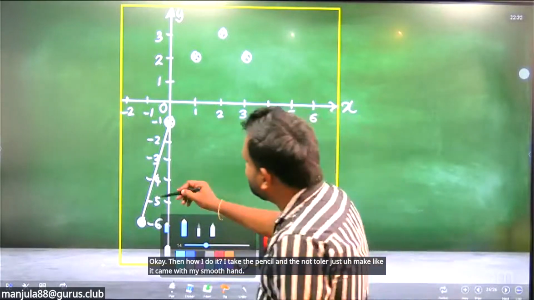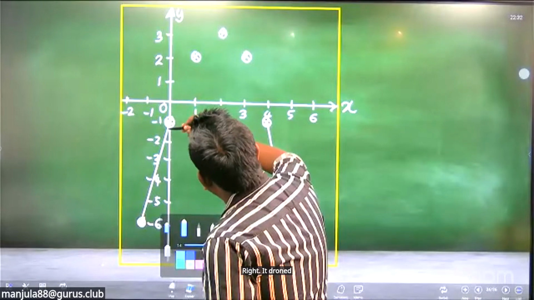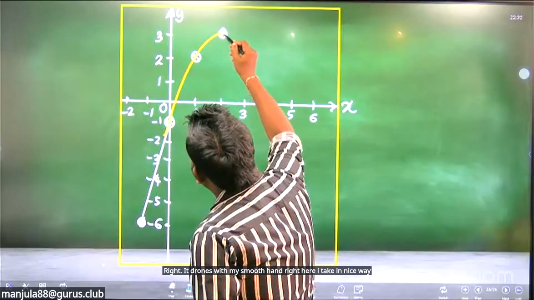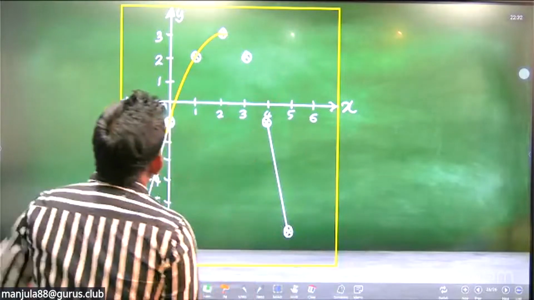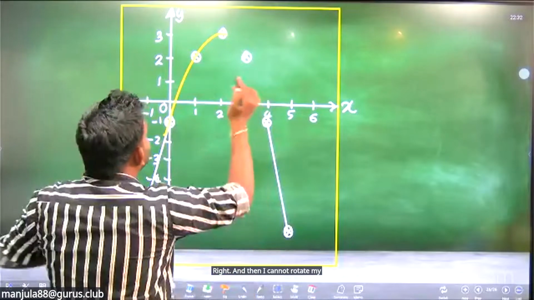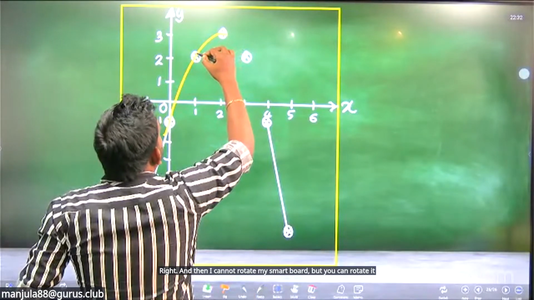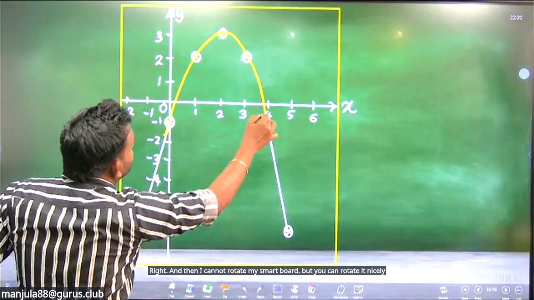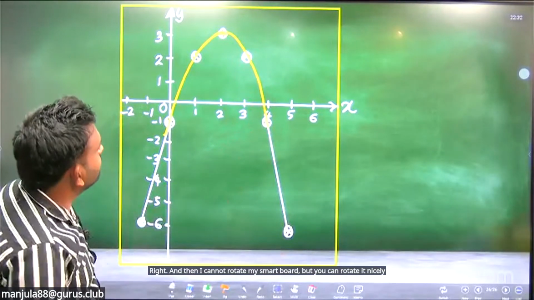I take it in a nice way. I cannot rotate my smart board, but you can rotate your sheet nicely. So this is the curve.